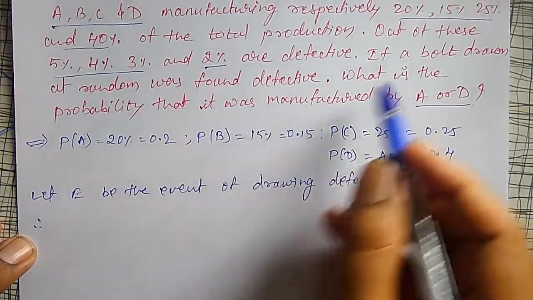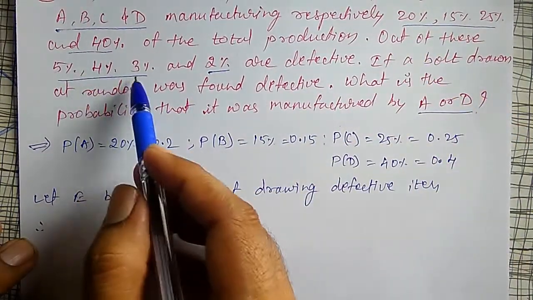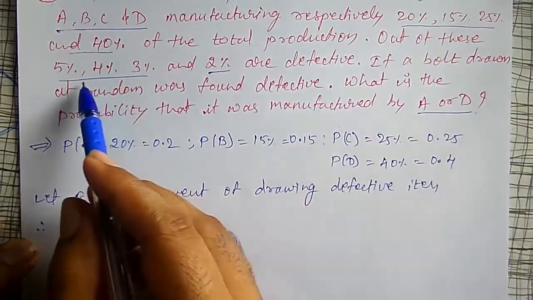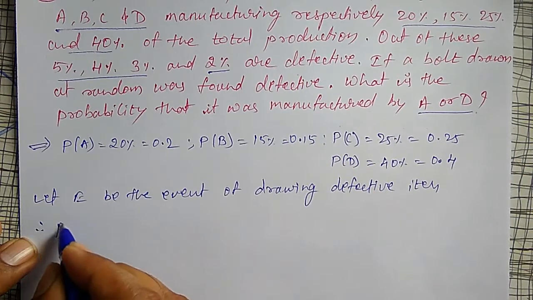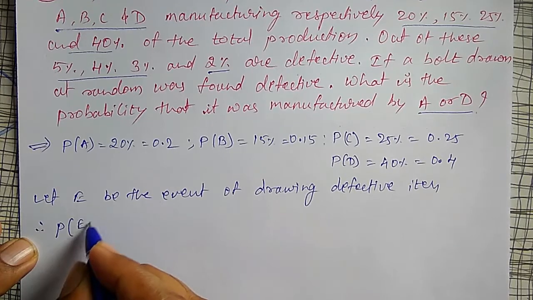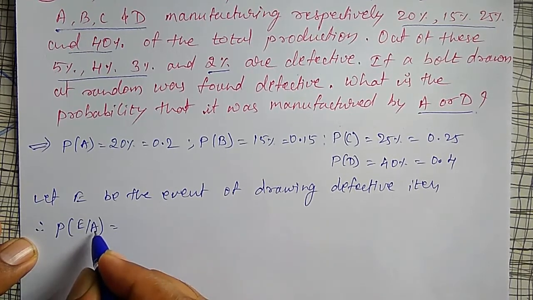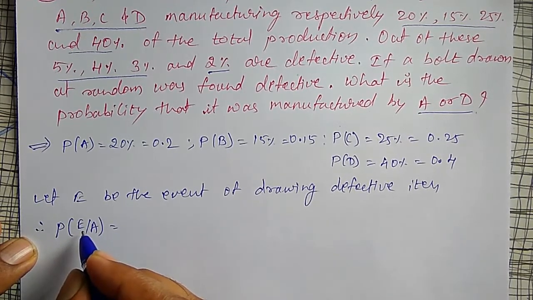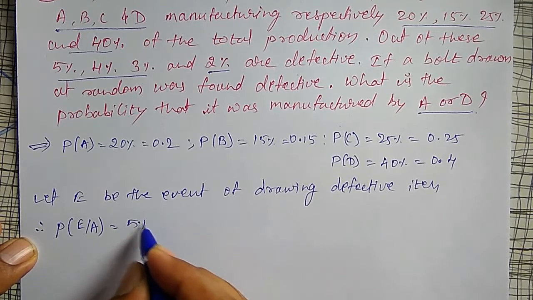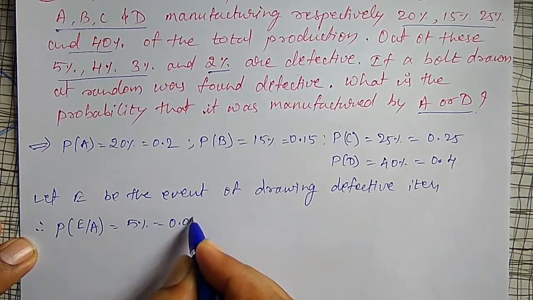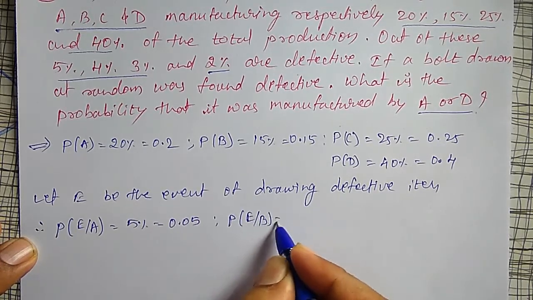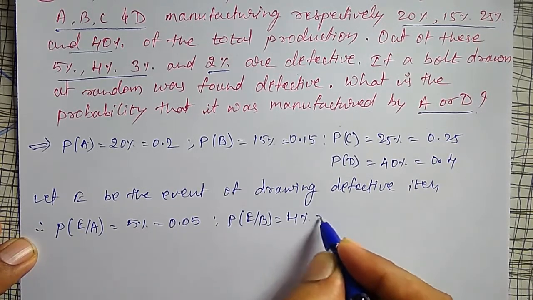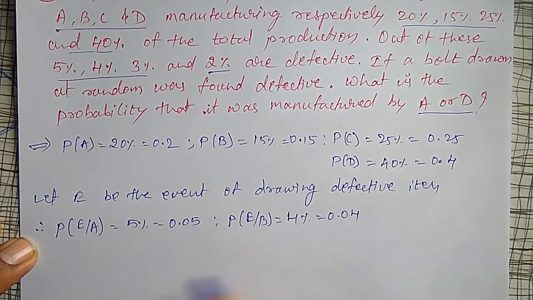Therefore one more thing they have given, 5%, 4%, of their total production. Out of these, 5% are defectives of machine A. Therefore probability of E relative to A, already machine A has produced, they are given as 5%, that comes out to be 0.05. Probability of E relative to B, that comes out to be 4%, 0.04.